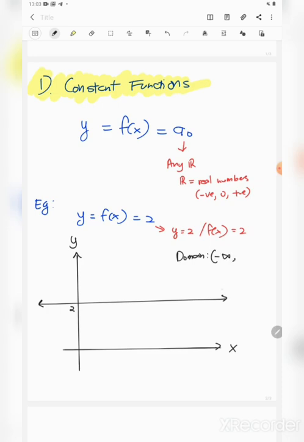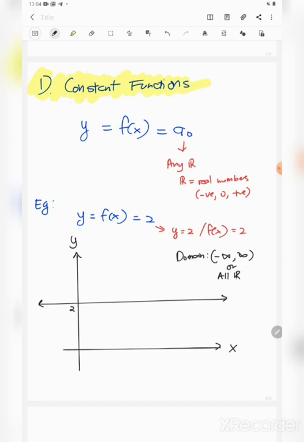The arrow to the right also has no limit, so it goes to positive infinity. Or you can also write all R, meaning the domain is all R, all values on the number line.